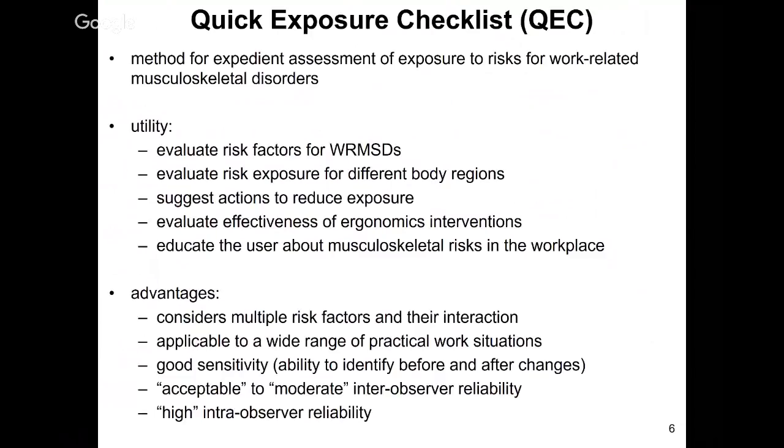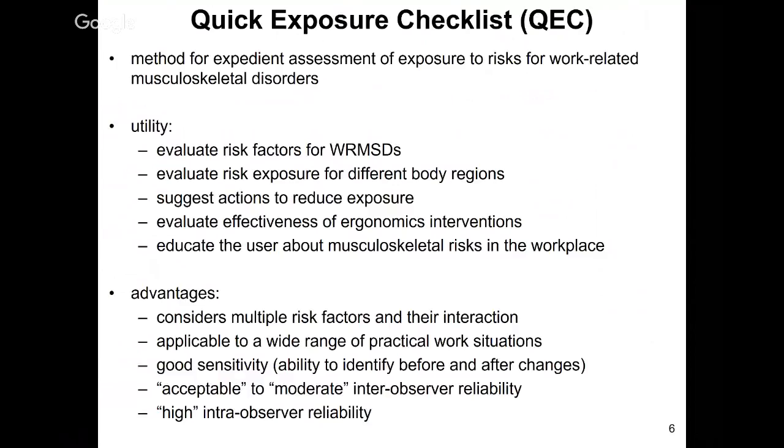So the QEC, or quick exposure checklist, is the first one we're going to cover. It's for multiple types of exposures and multiple body regions. It can help you identify what you need to do to reduce exposure.